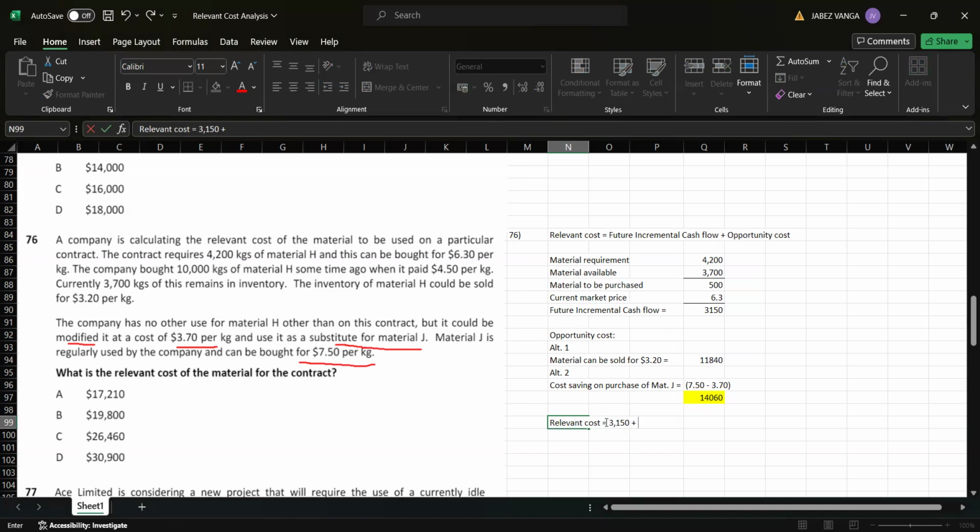The best alternative between the two of them is 14,060. Add both of them, and the relevant cost is 3,150 plus 14,060, which is 17,210. Option 1 is the answer.